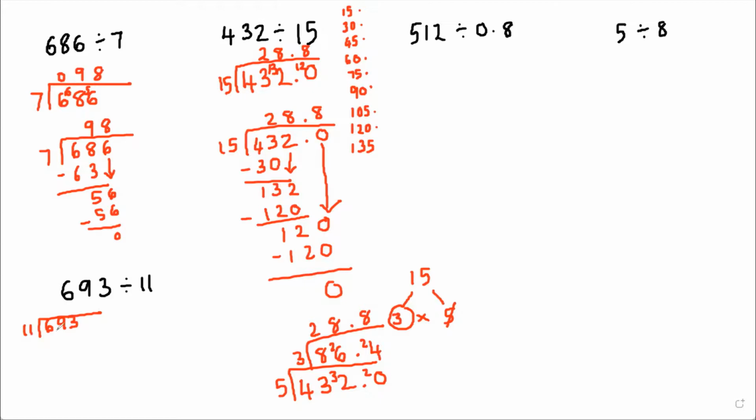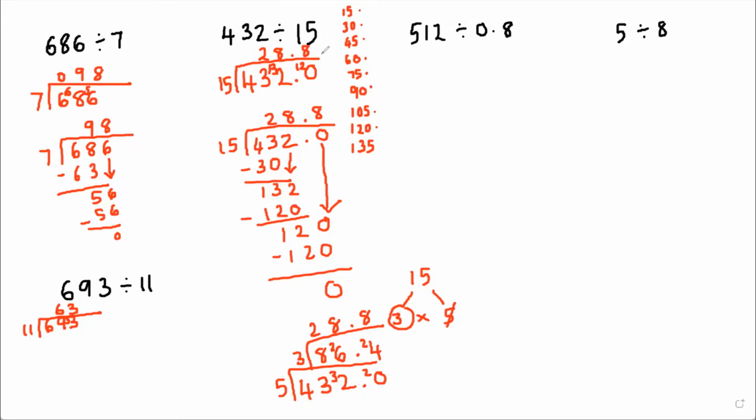So 11 goes into 69 6 times, and we would carry 6 across. Not carry 6 across, sorry, carry 3 across, because 6 times 11 is 66. And 11 goes into 33 3 times, giving us 63. Now 11's within our times tables, so we don't need to worry about going into factors anyway.